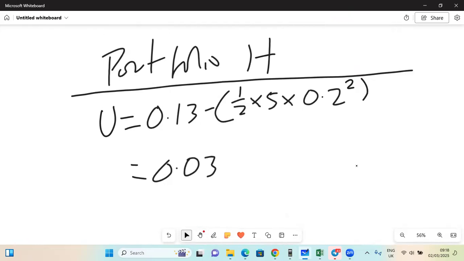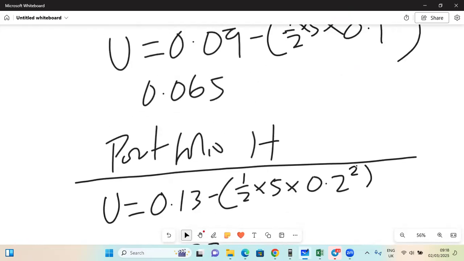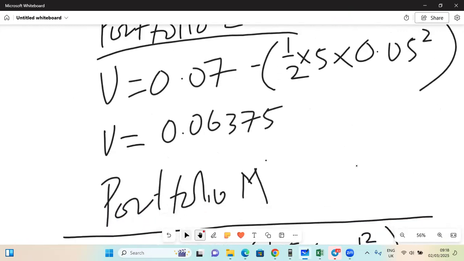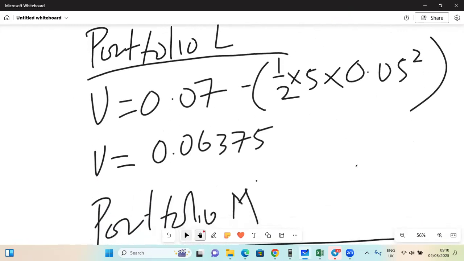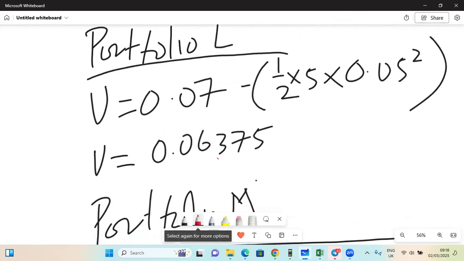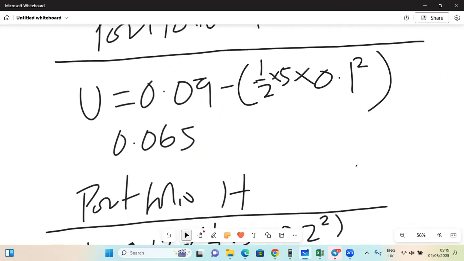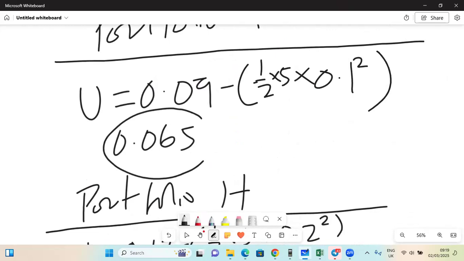So you see, the investor is going to select the portfolio that gives him or her the highest utility. Here, for portfolio L, the utility is this. For portfolio M, the utility is this.